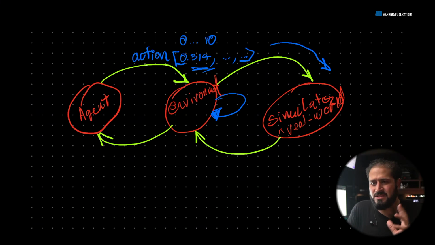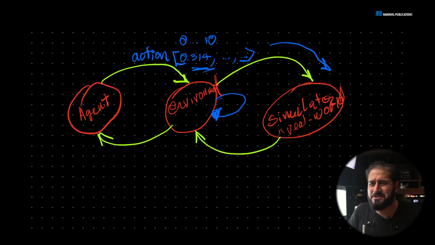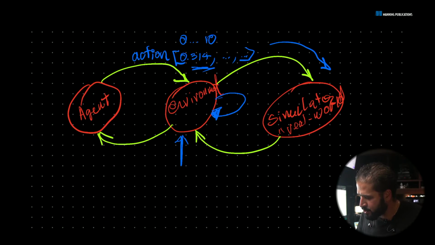It's not like the agent tries to get points and the environment tries to not let the agent get points. That's not the way reinforcement learning is. Although, of course, you can create such an environment. That's not a good general definition of the environment. So if you develop this portion over here, you can do whatever you want with it, okay?